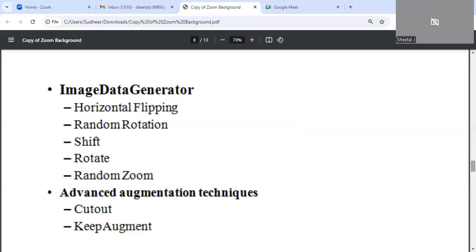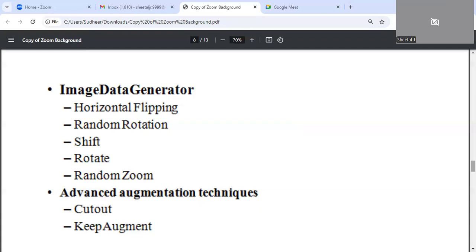Next, random rotation. For this, we are going to create a transformation matrix, which is required for rotating an image. For that purpose, we are again making use of the CV2 library, which has a built-in function called getRotationMatrix2D. For that, the number of columns and number of rows are passed as arguments. Next, shift.